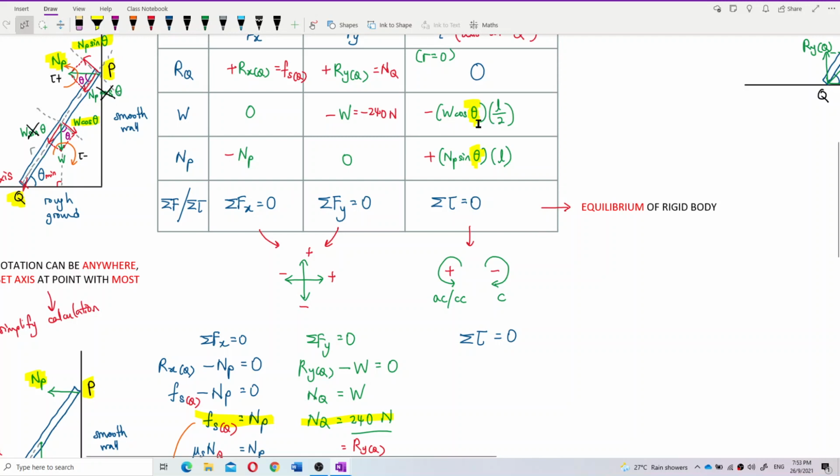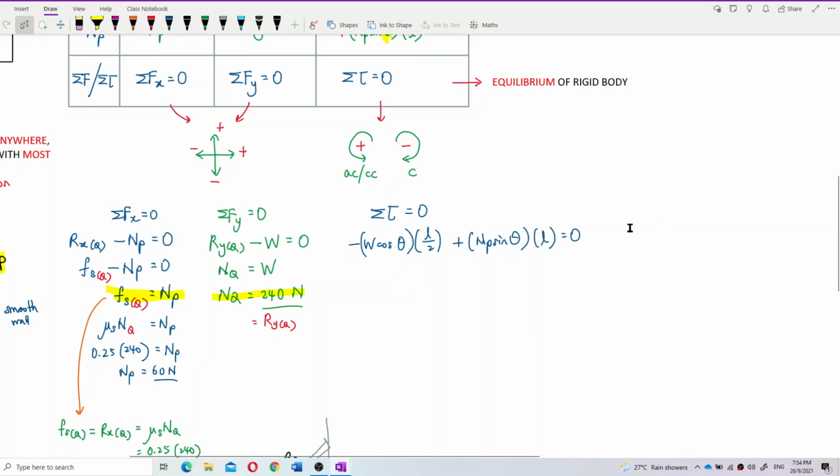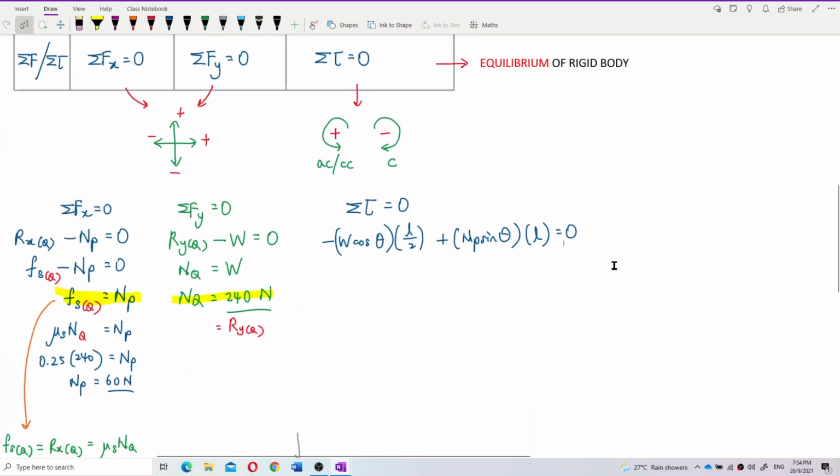We have negative W cosine theta times L over 2, plus this one. Just bracket everything, in case we need to find the theta there, times L, equal to 0. This one can go to the other side.